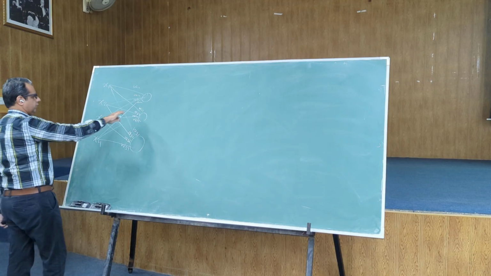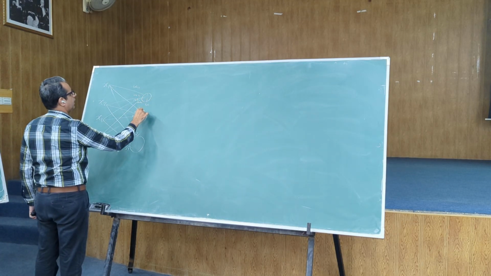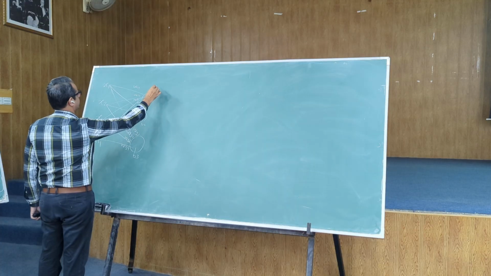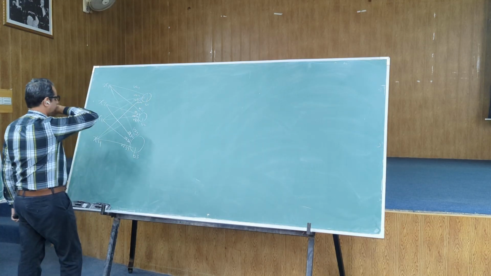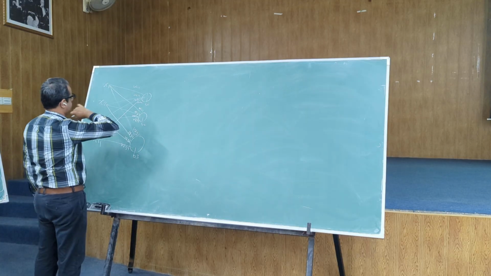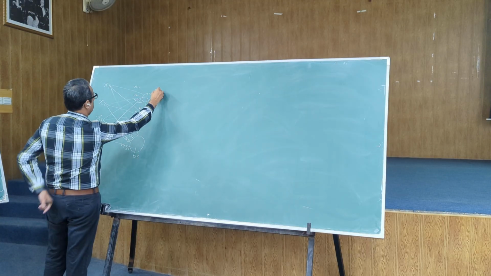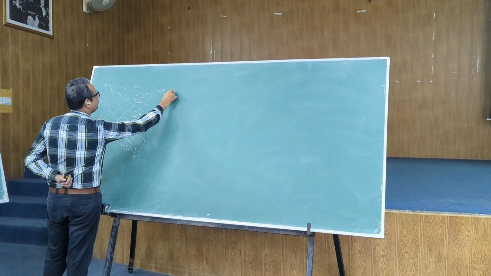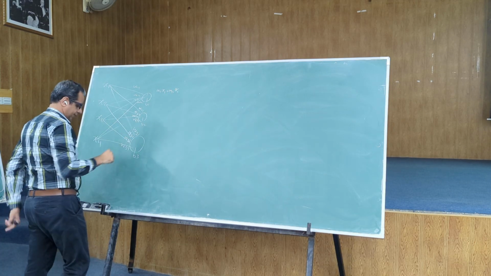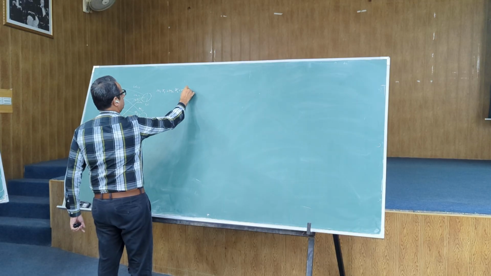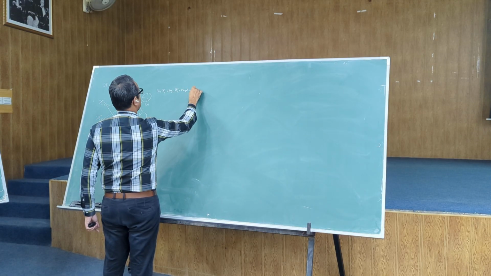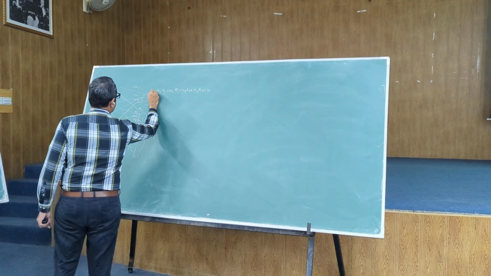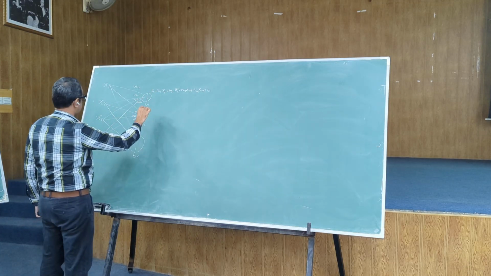In the forward path, each neuron has its own bias: B1, B2, and B3. So the output for the first neuron, from these inputs, will be W11X1, W12X2, W13X3, and W14X4 plus the bias. If I call it S1, this is the output.